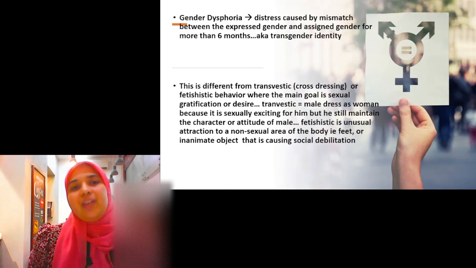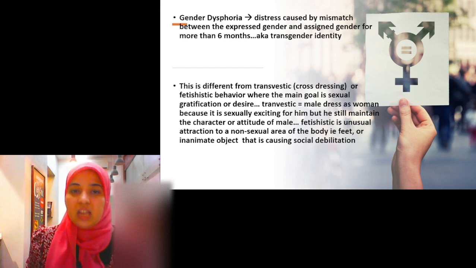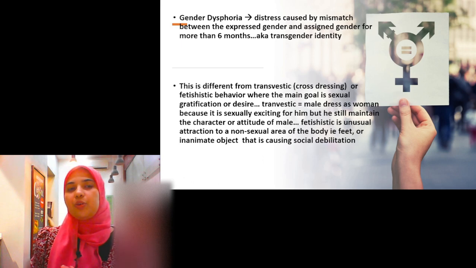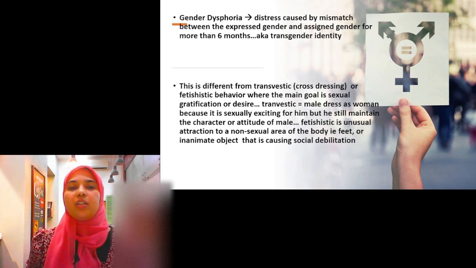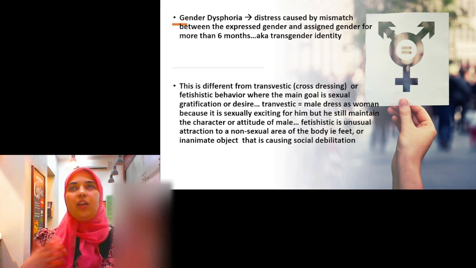Gender dysphoria is distress caused by mismatch between the expressed gender and the assigned gender for more than 6 months. This is different from a word called transvestic disorder. Transvestic is cross-dressing or fetishistic behavior. So the difference between them is that with cross-dressing or a transvestic disorder, typically there isn't a real distress happening with a transvestite.